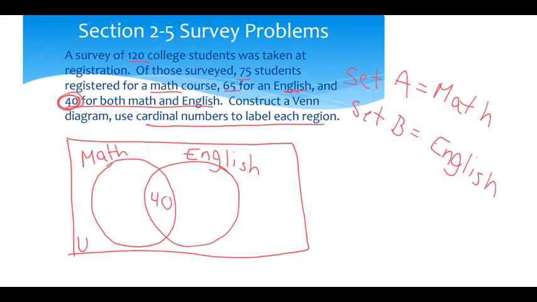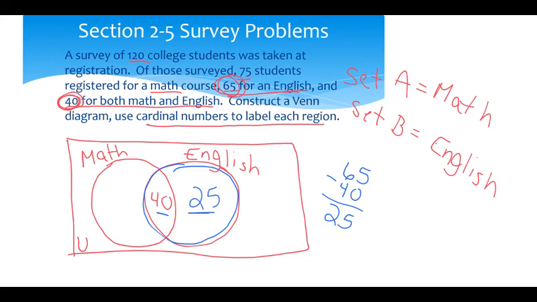So now I have 65 for English, which means this whole circle right here needs to equal 65, because if I look at it total, I want 65. Now I already have 40 represented there. So to get the number that goes here, you're really going to take your 65 and subtract the number in the middle, what you've already put in there. So if I do 65 minus 40, I end up with 25.